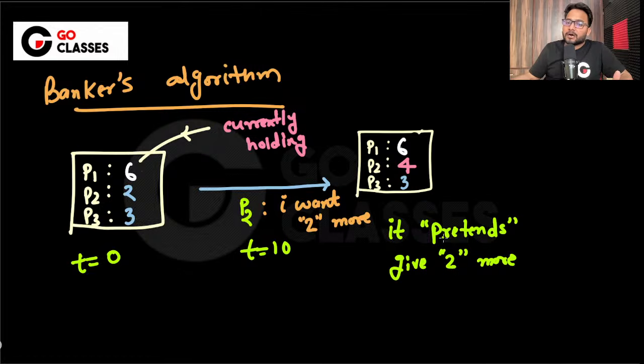That is basically calculated. If you pretend that you are giving two more, then this will be the current state. And if this is the current state, is this state a safe state or not?